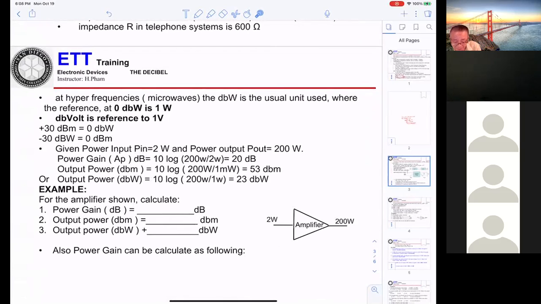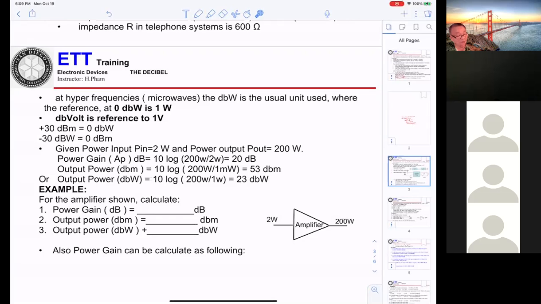Okay, at hyper frequency, microwave, they're using dB watt, the usual unit used in microwave, where the reference is 0 dB watt equal to 1 watt.